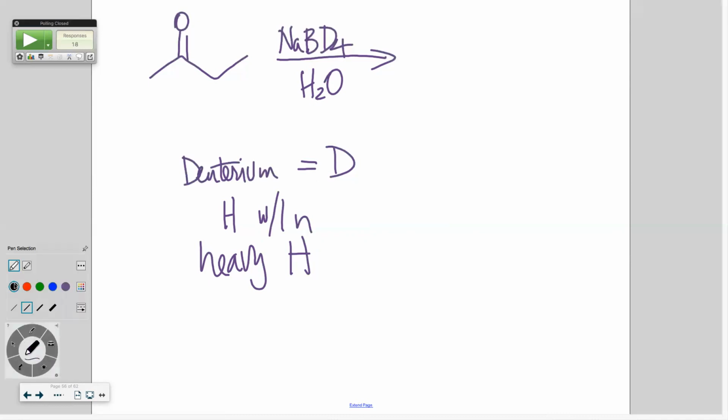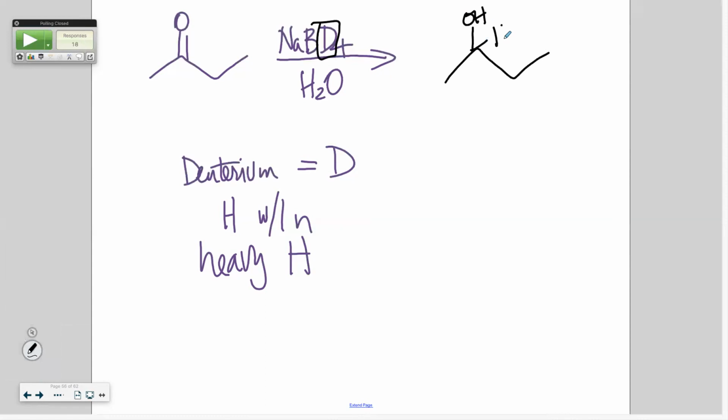Where did the hydrogen that was on this go? If it just said NaBH4 and H2O, what would you make? You would make a secondary alcohol, right? Those were the two hydrogens that got added in our little reduction. But we changed one of them from hydrogen to deuterium.